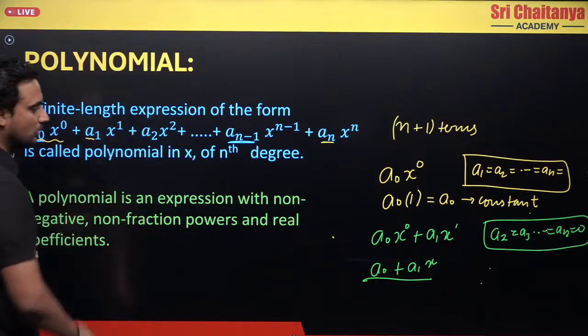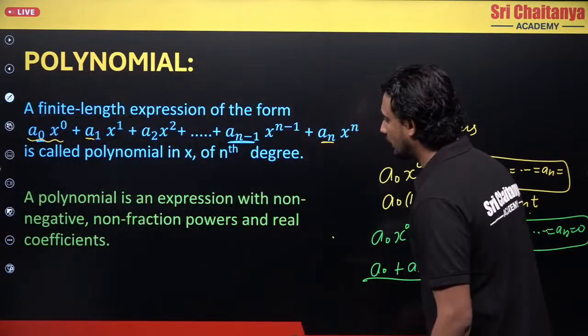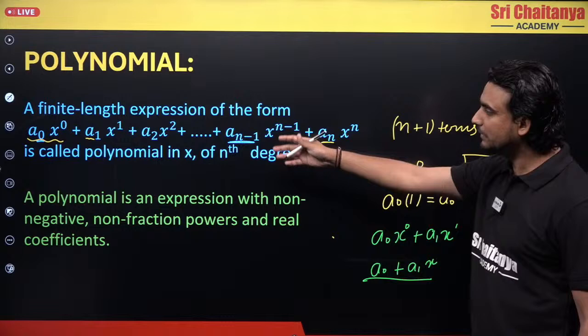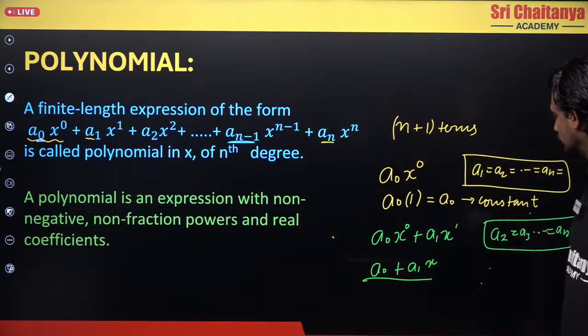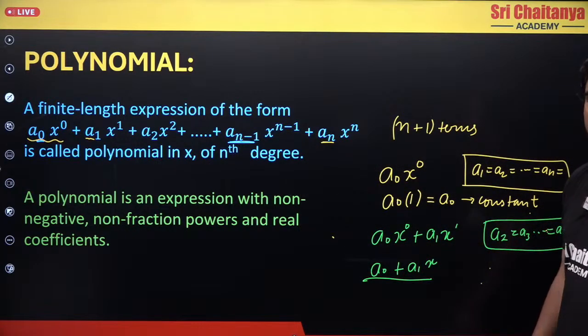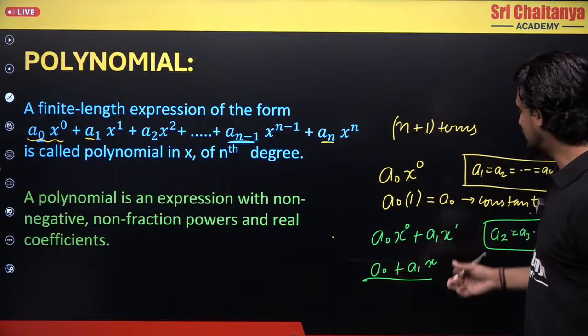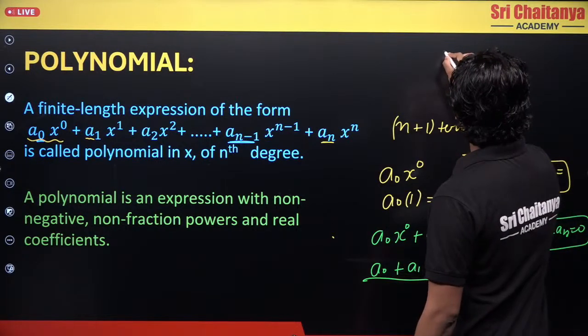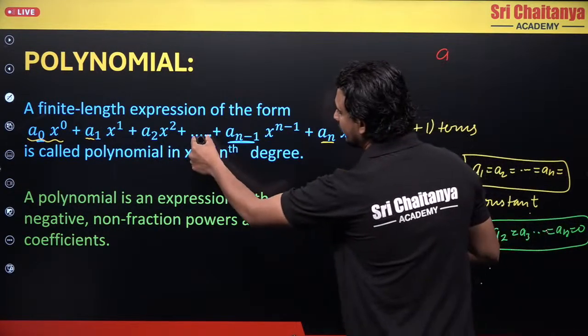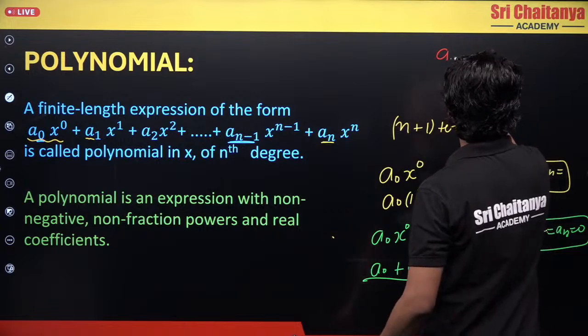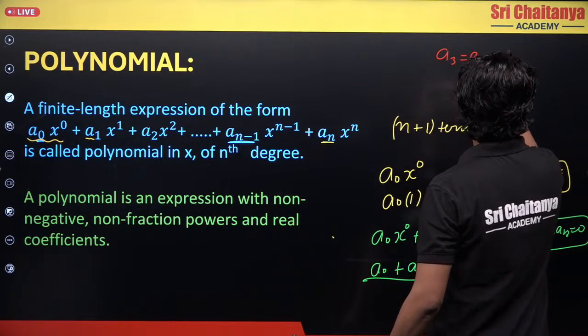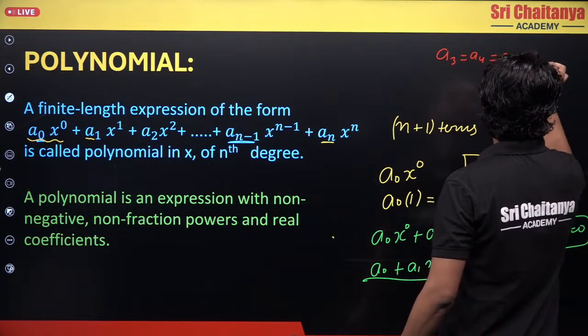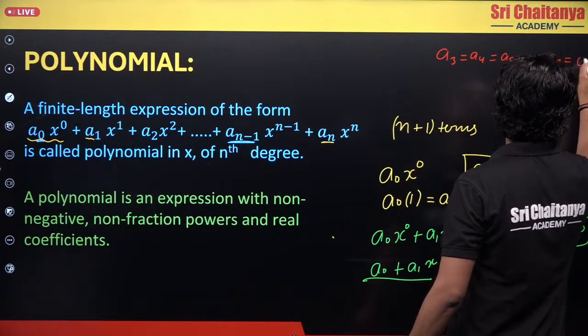Now let's talk about a quadratic equation. You might have learned quadratic equation. So now tell me, for a quadratic equation, what should be the coefficients here? If you think nicely, these powers, a3, a4, a5 and so on till an should be 0.